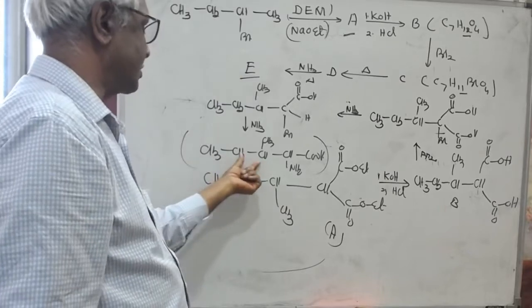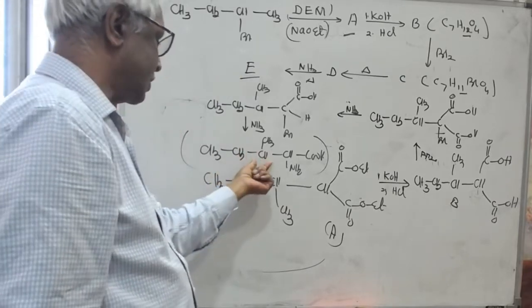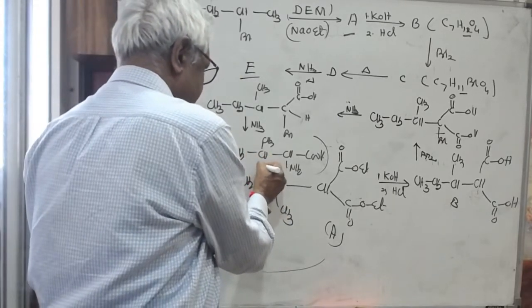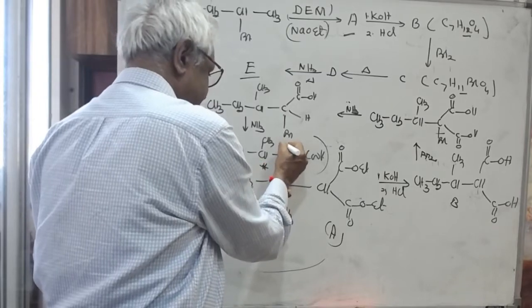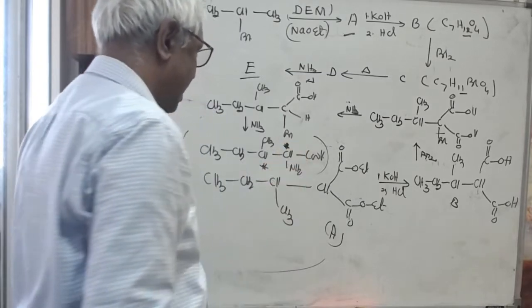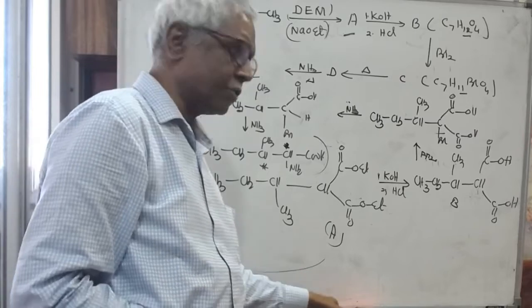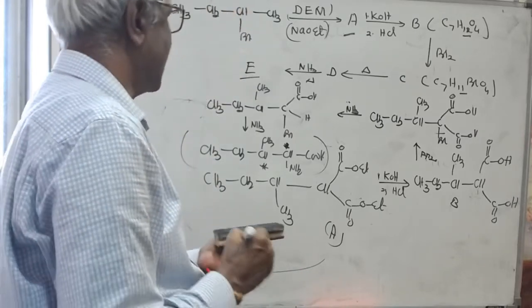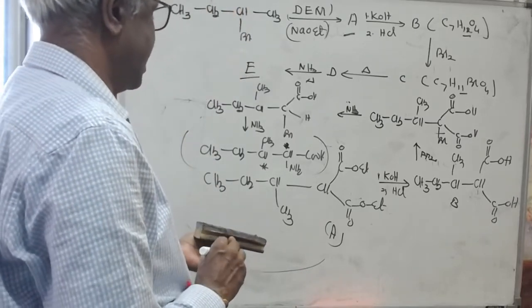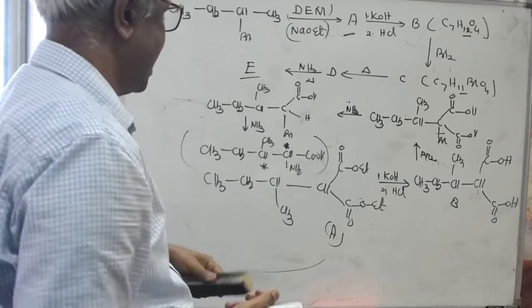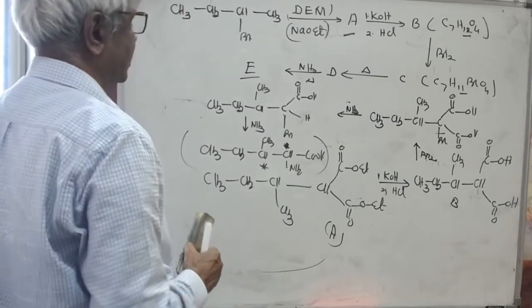Isoleucine does not have an iso group. Isoleucine has two stereogenic centers.